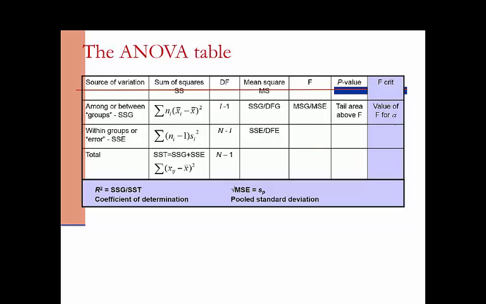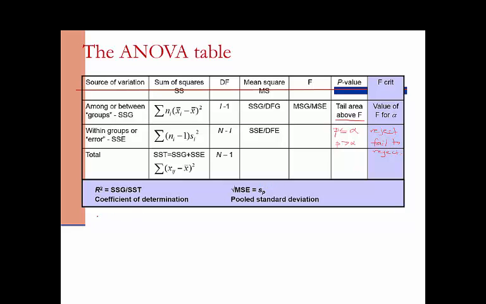So first off, the p-value, the most important thing. It helps us do one thing. P-value less than alpha, reject. P-value greater than alpha, fail to reject.